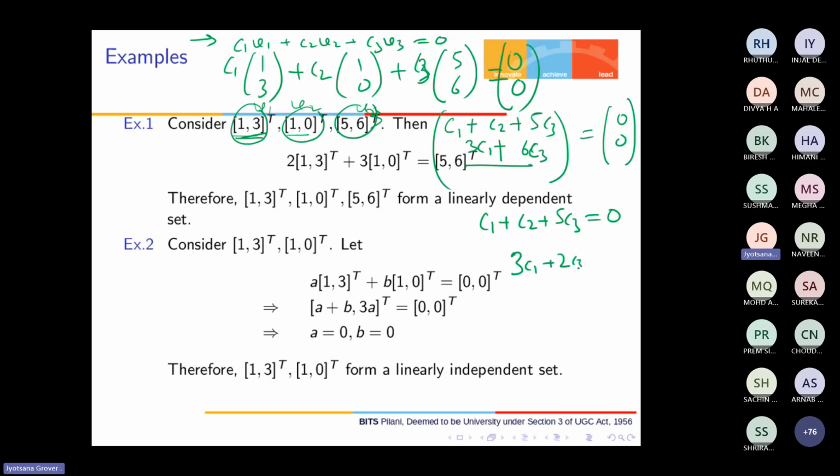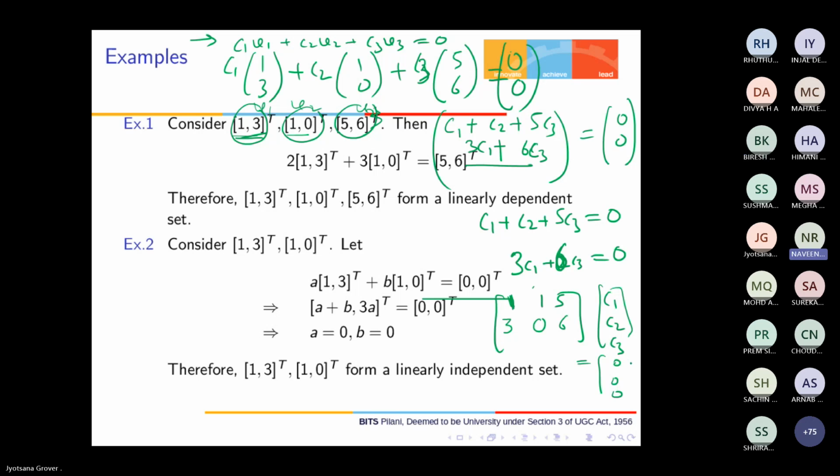C1 plus C2 plus 5 C3 equals 0 and 3 C1 plus 0 C2 plus 6 C3 equals 0. Write it as a system of equations now: 1, 1, 5, and 3, 0, 6, with zeros on the right side.